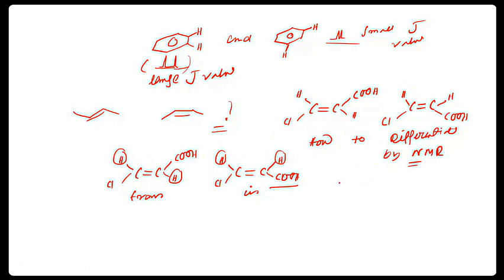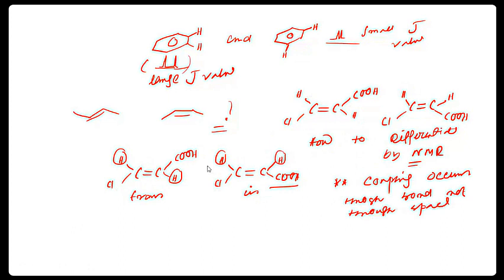A very important statement: coupling occurs through bond, not through space. So coupling occurs through bond. That's why it's in this direction. It will occur here, here, and here, here, here, here.